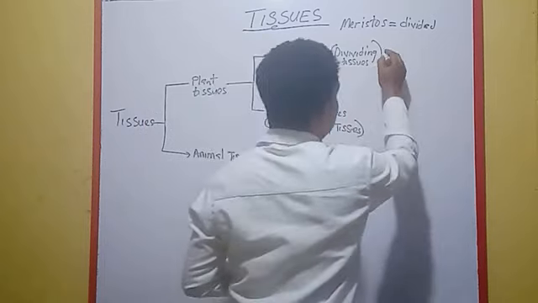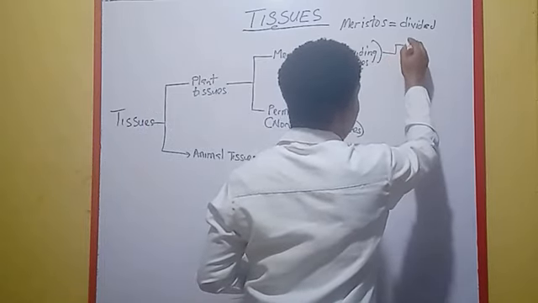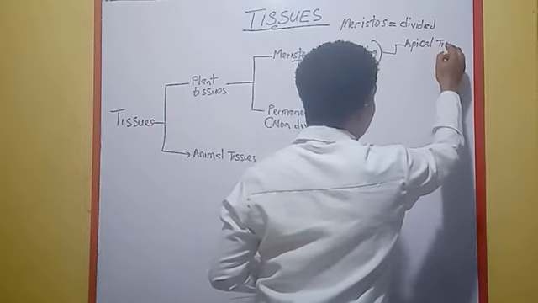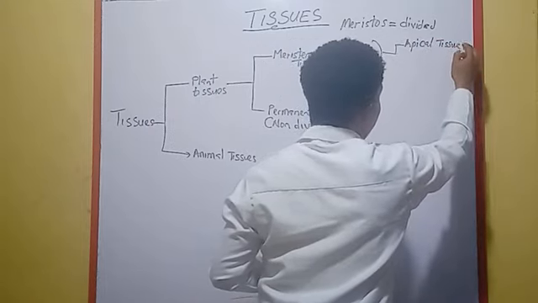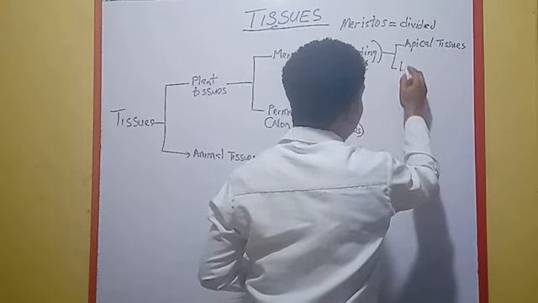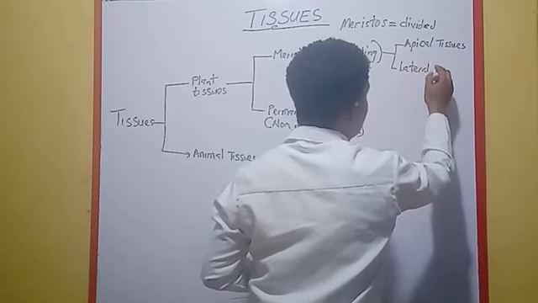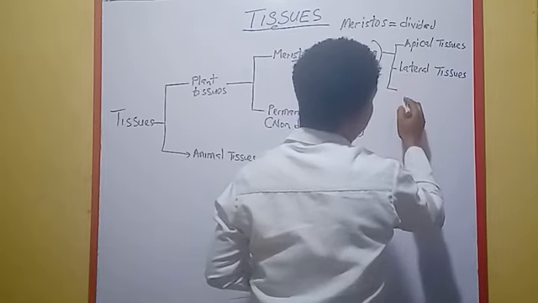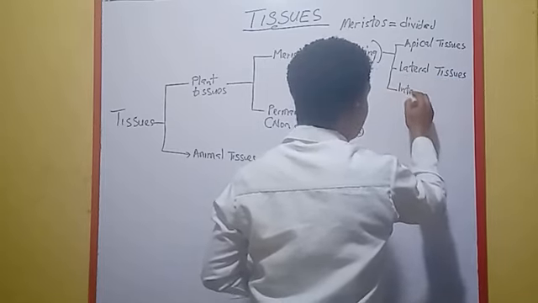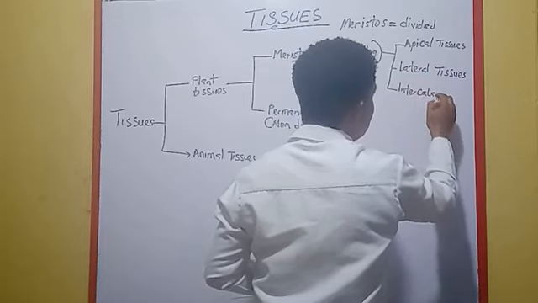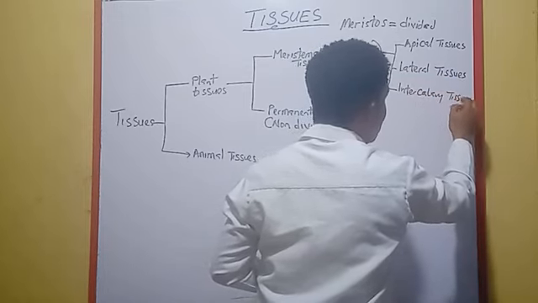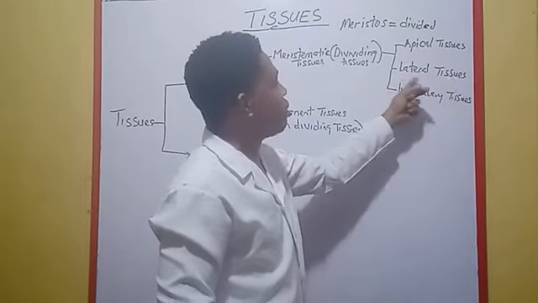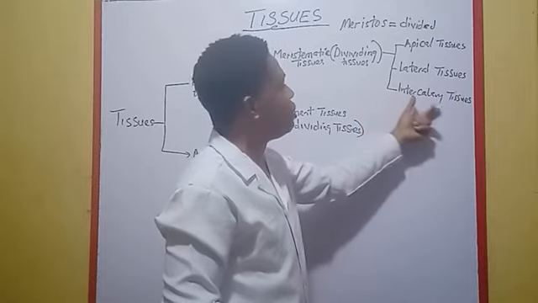Number one, we have the apical tissue. Number two, we have the lateral tissue. And number three, we have the intercalary tissue.